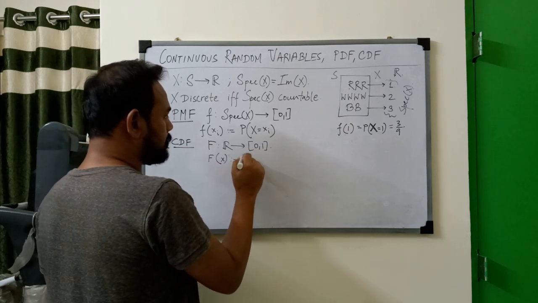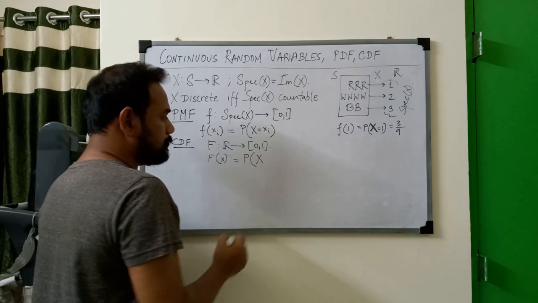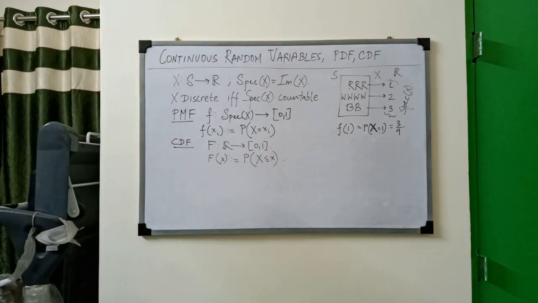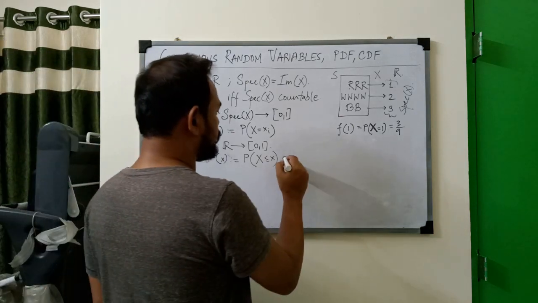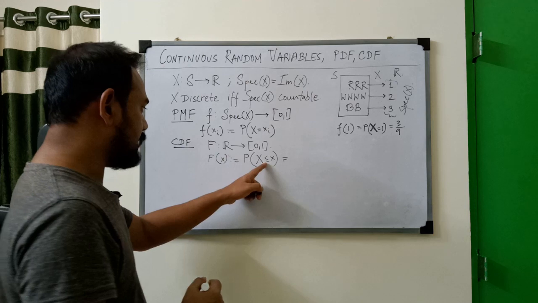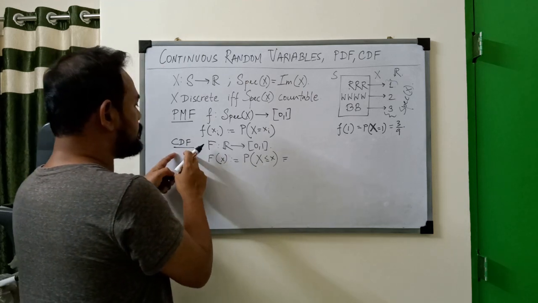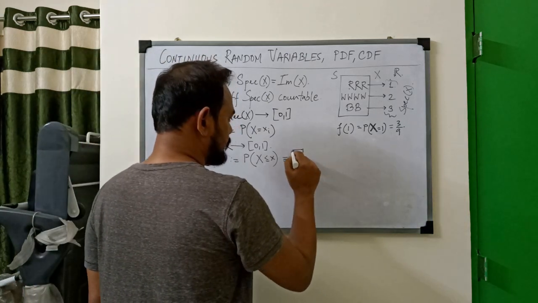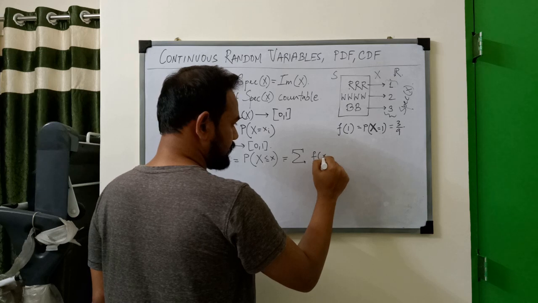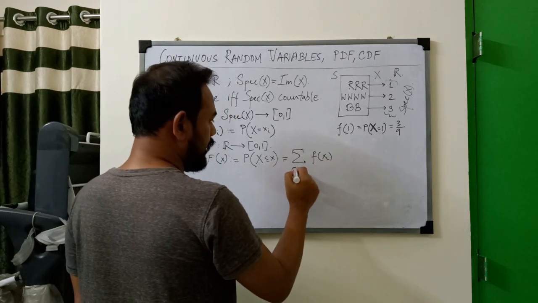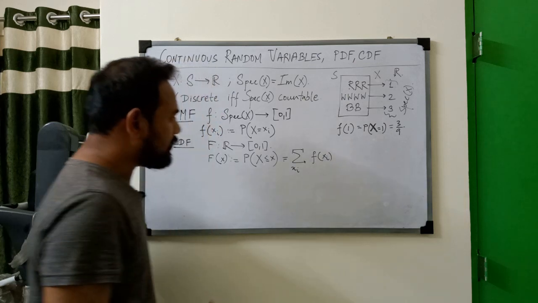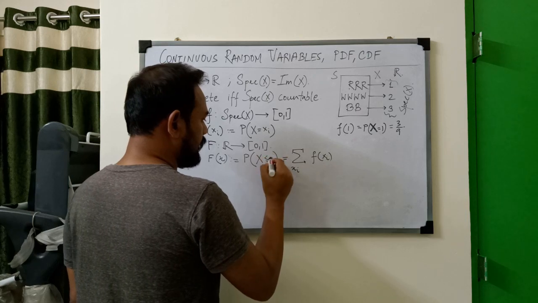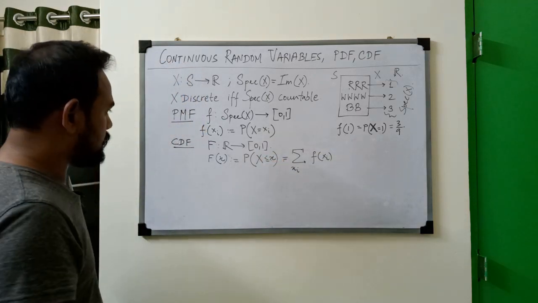F of x is defined as the probability that the variable X is less than or equal to this small x. In other words, and we had proven this last time, the capital F, which is the CDF, can be expressed in terms of the PMF by this summation of the f of xi's, where I'll try and write small x as this. I think that would be better.